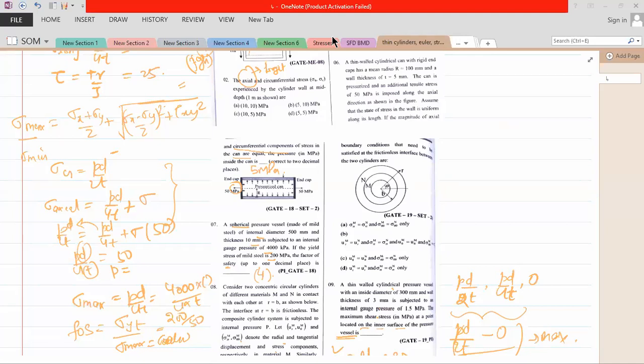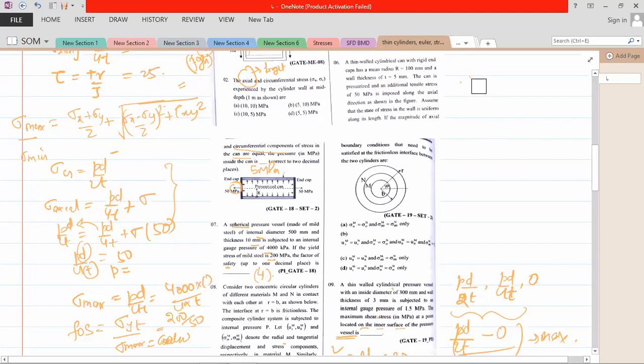Hello, you all are not responding. So what can I consider? Please write in the chat box what percentage of your SOM you think you are expecting to get, meaning how much portion of SOM you understand. I'm not talking about how many questions you have done. Can you give me the percentage of how much you learned in SOM?